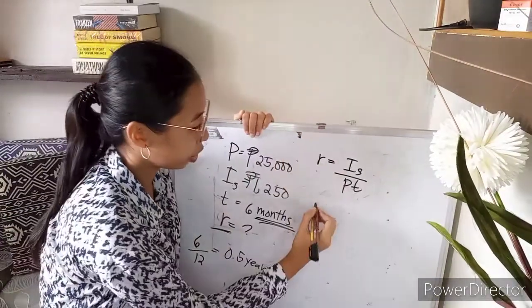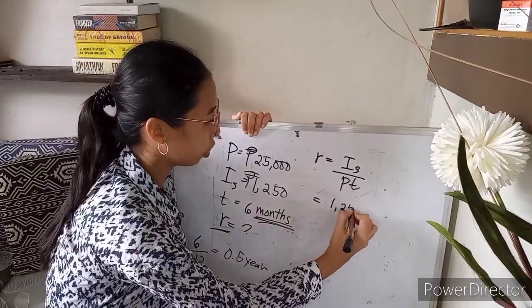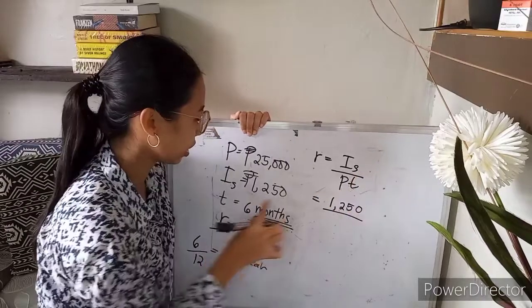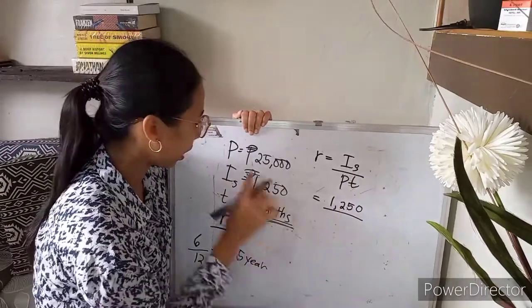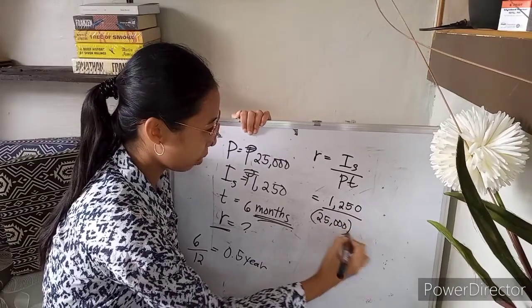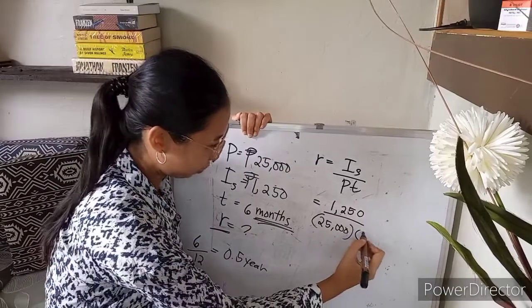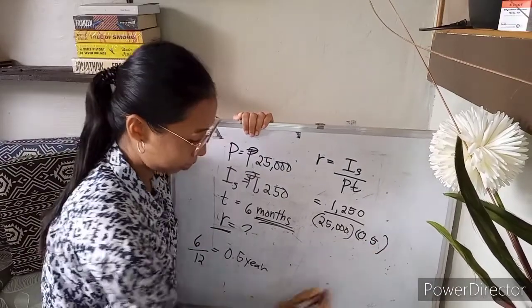So, let us proceed with substituting. We have 1,250, your I S, over P, which is 25,000, and then we multiply it by your time, which is 0.5 year.